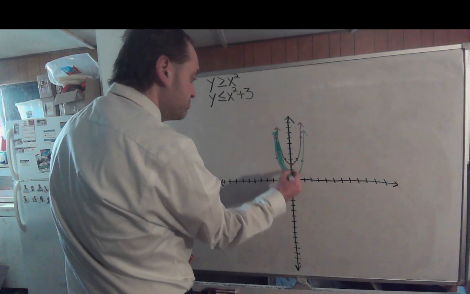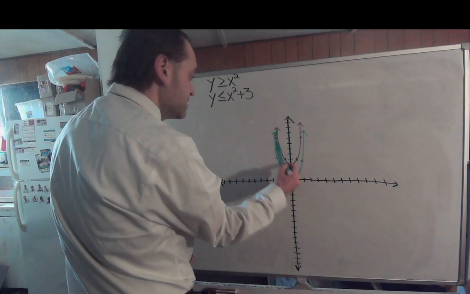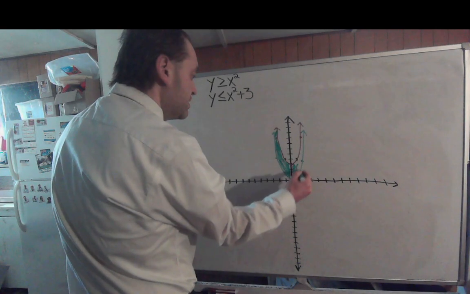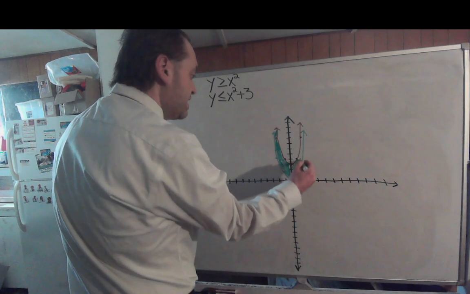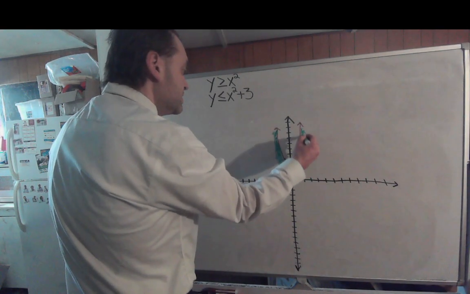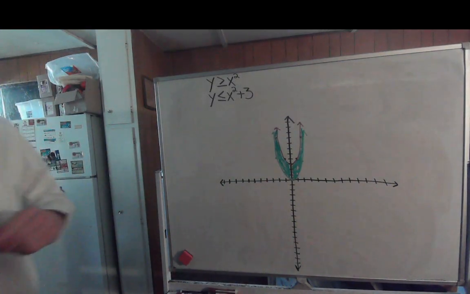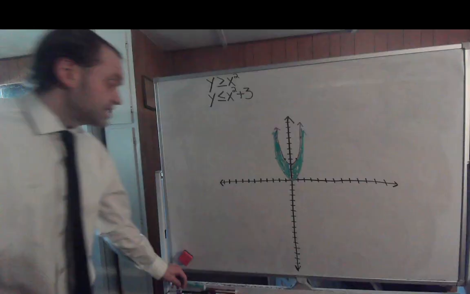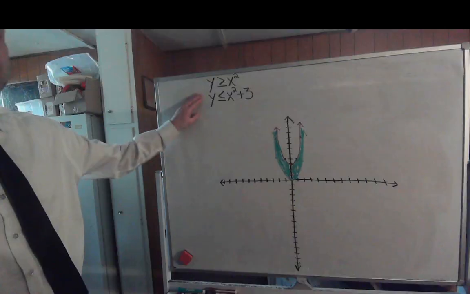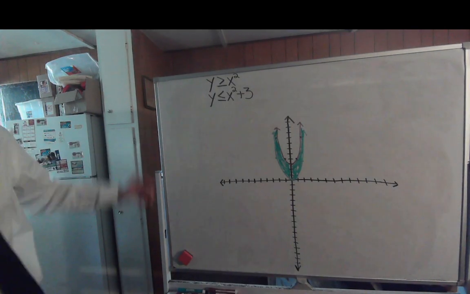Everything between the two parabolas is the solution to this. That would be the region that you would shade. Everything between the two parabolas would give you the desired region you're looking for. So that's the region that represents y is greater than or equal to x squared, y is less than or equal to x squared plus 3.